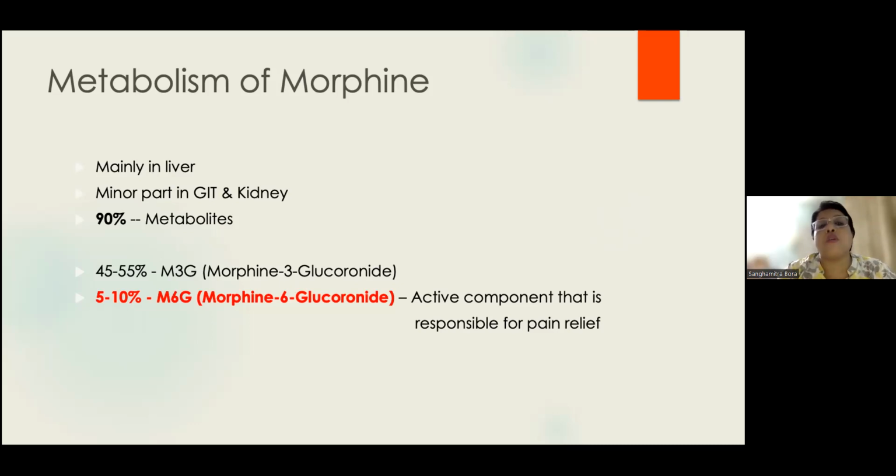And 90% of the oral morphine that is taken is converted into metabolites. Out of these metabolites, 40 to 55% is morphine 3 glucuronide, whereas 5 to 10% is morphine 6 glucuronide. Morphine 6 glucuronide is actually the active component that is responsible for pain relief. And it is postulated that M3G, or morphine 3 glucuronide, causes the side effects. So this is about the metabolism of morphine.